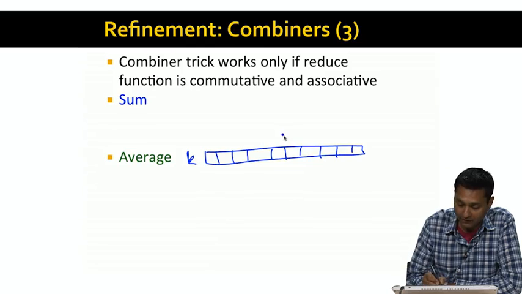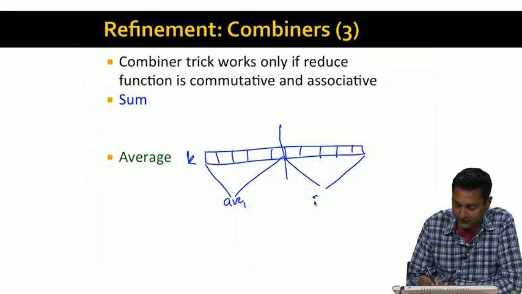Now, let's say we divide this set of values into two sets, compute the average of this set, average 1, and compute the average of this set, let's say that's average 2. And now we take the average of average 1 and average 2.